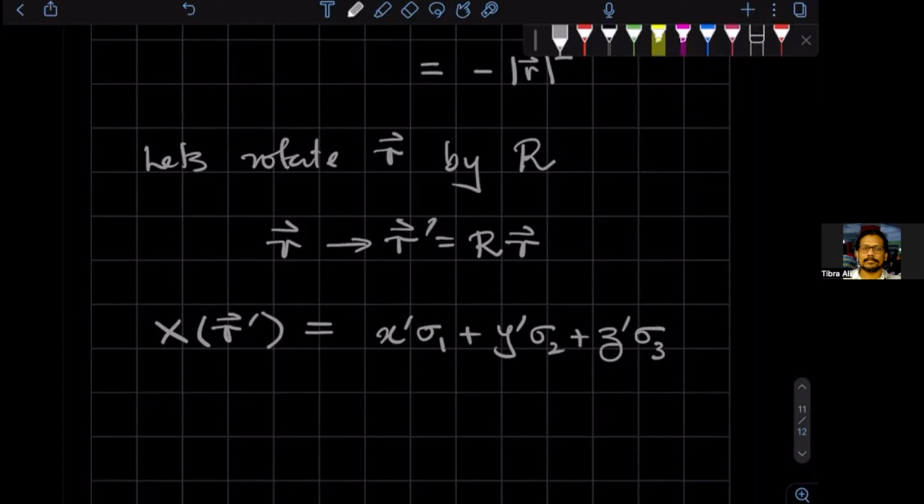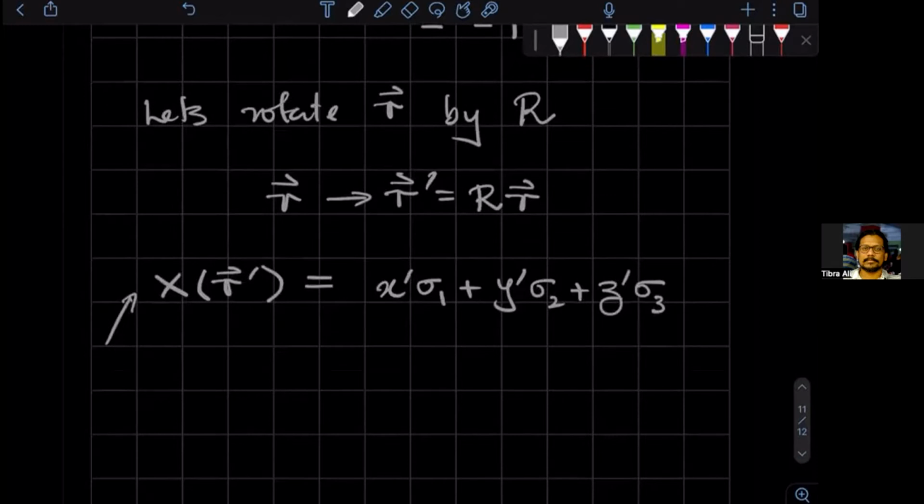Is this clear? I'm just using the definition of X. X prime, Y prime, and Z prime are the components of R prime. Exactly, yeah.